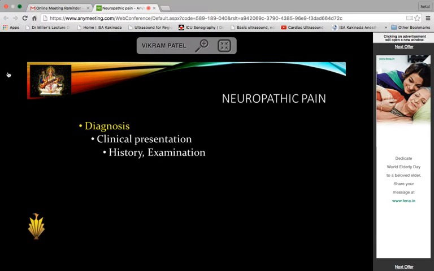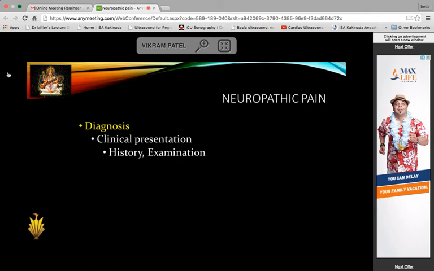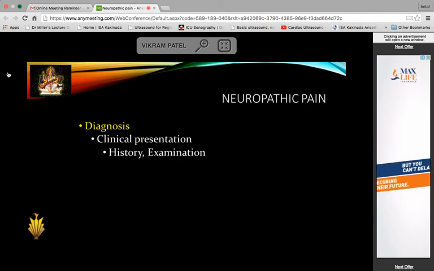So the same way, when we talk separately about complex regional pain syndrome or CRPS type 1 and 2. So type 2, as you know, is not one of the peripheral minor nerves.